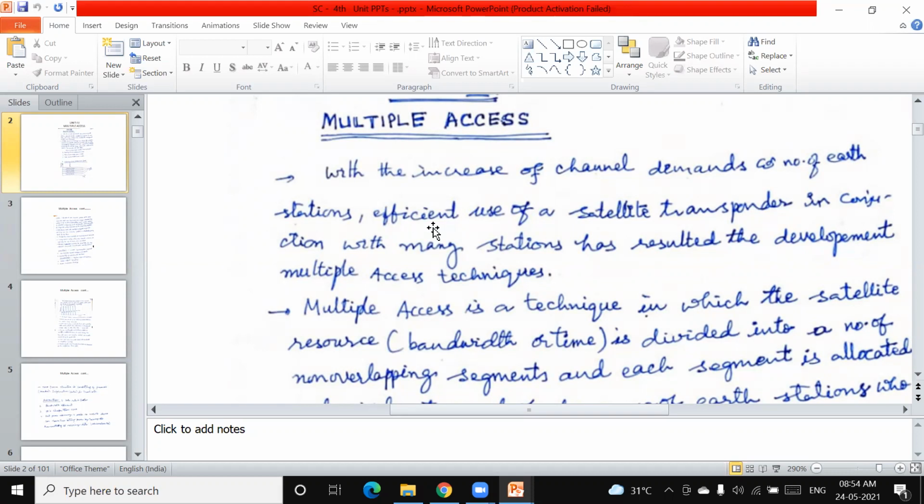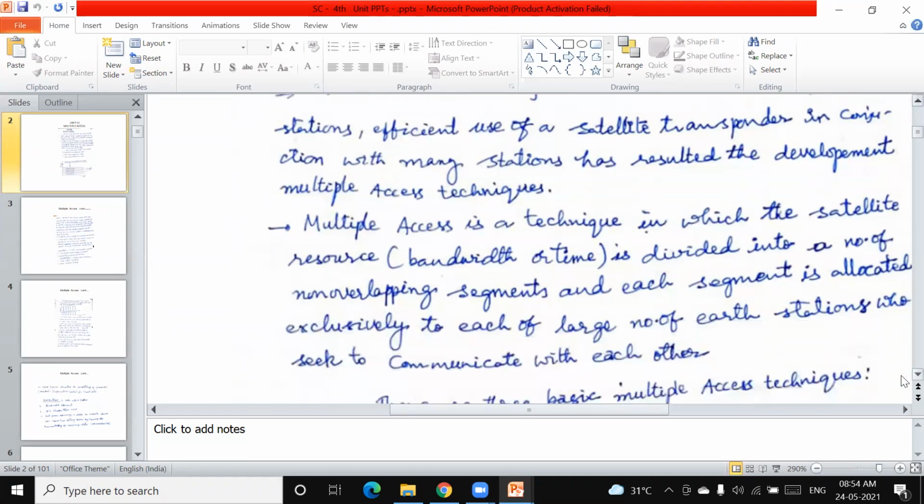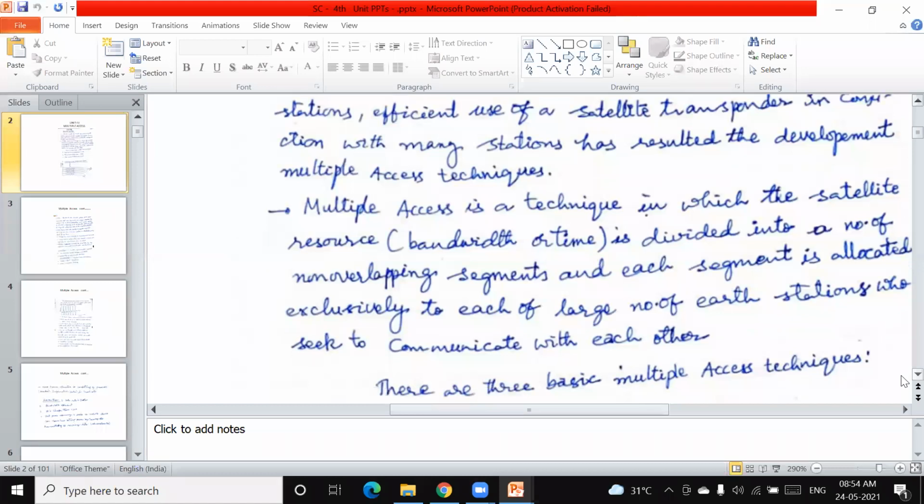That situation resulted in developing multiple access. Multiple access techniques help the satellite transponder to be effectively utilized by the many earth stations.